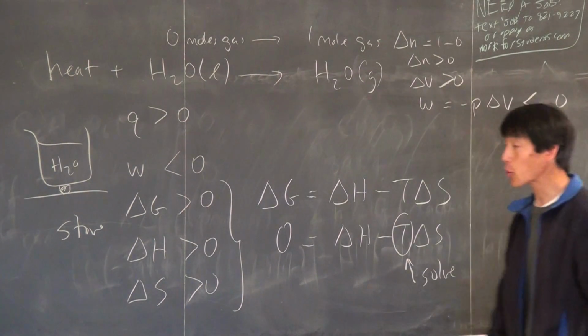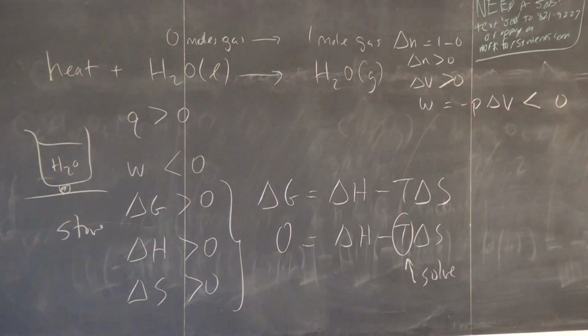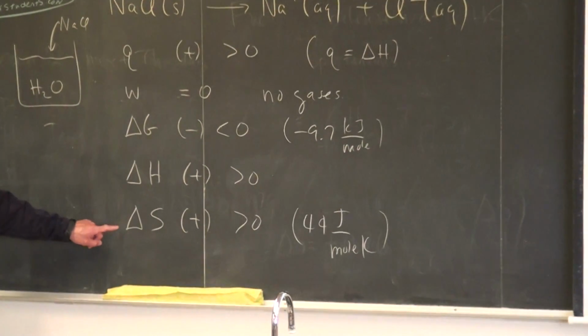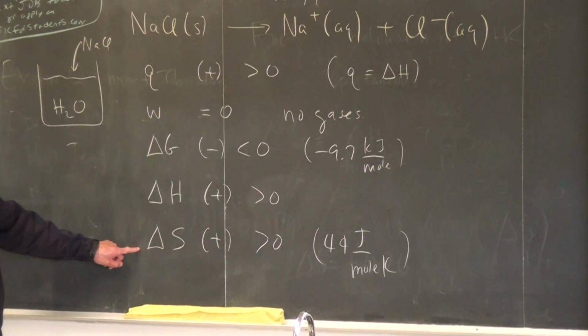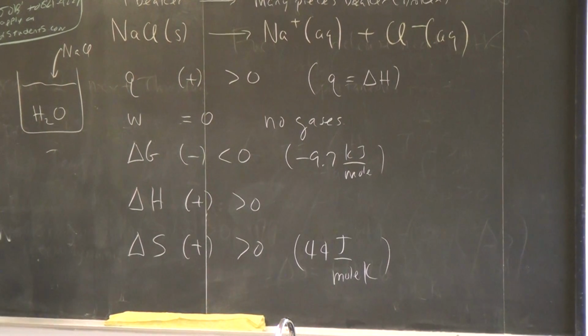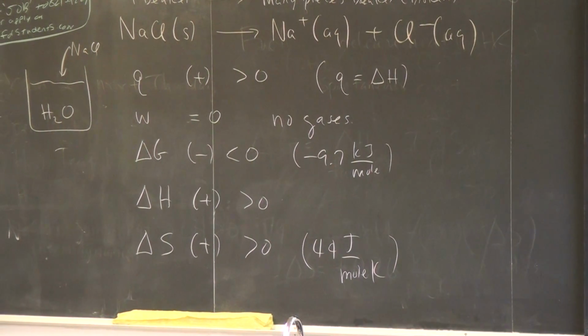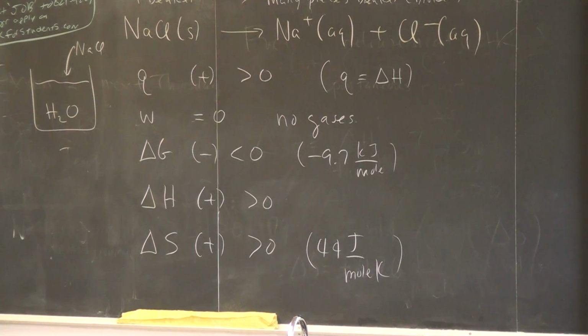The same thing is true for the NaCl dissolution. We can look up or calculate delta H and delta S, use the same equation, set delta G equal to 0, and solve for T. That tells us the temperature at which this reaction occurs spontaneously.